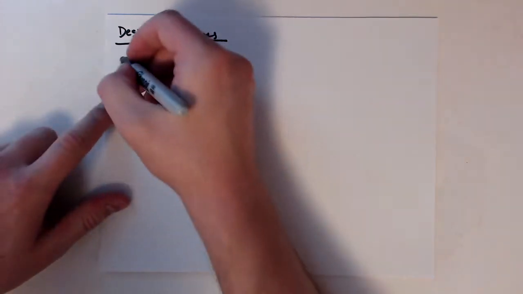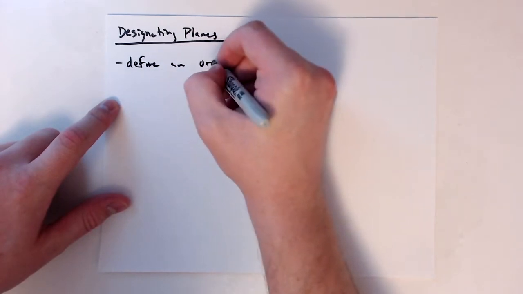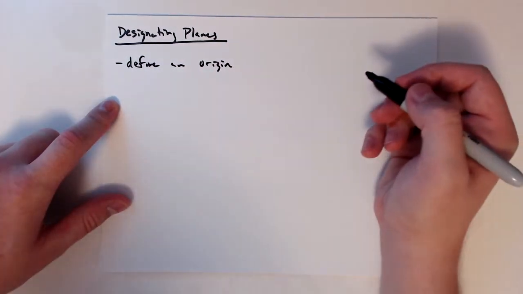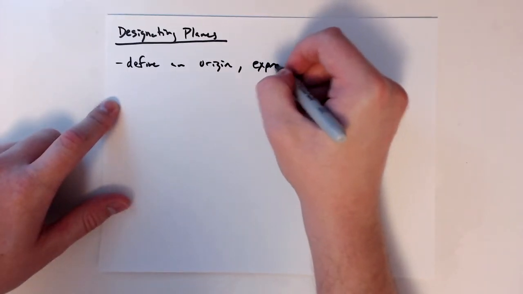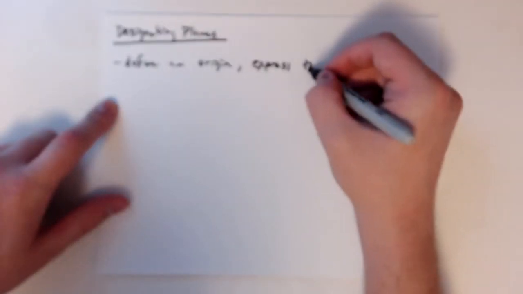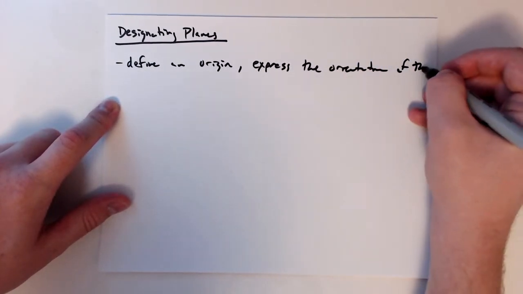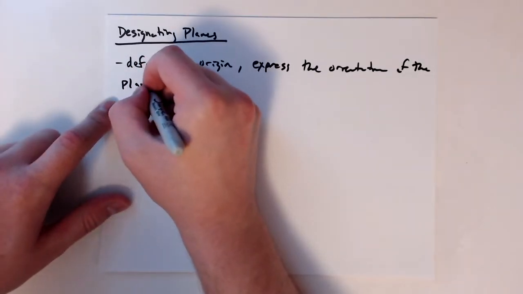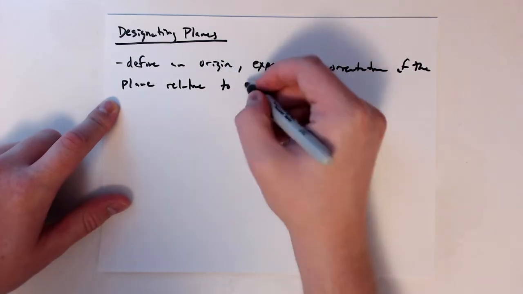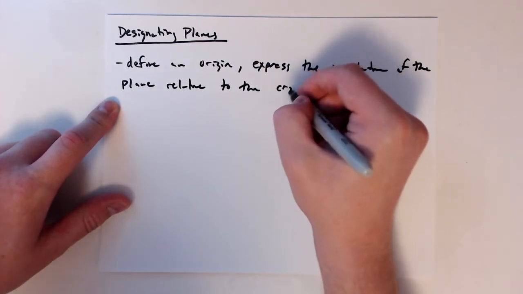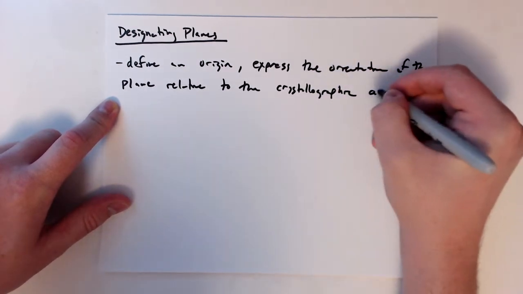So we still define an origin. So that's still important. But after defining the origin, what we do is express the orientation of the plane we're interested in, so a plane in space, relative to the crystallographic axes.